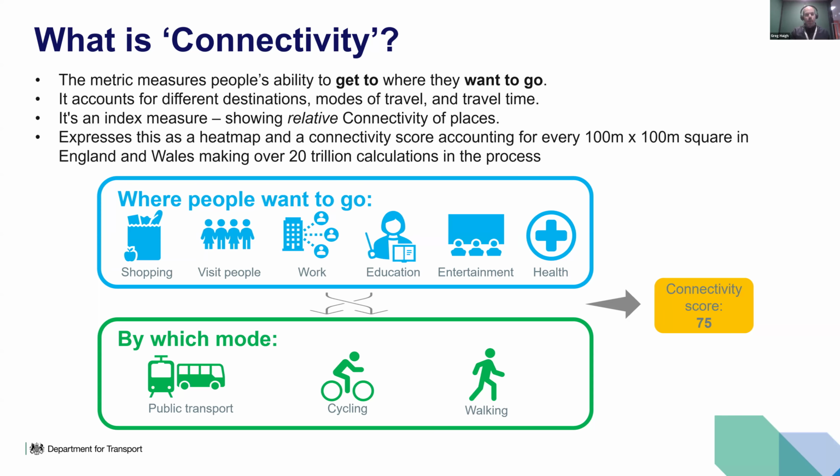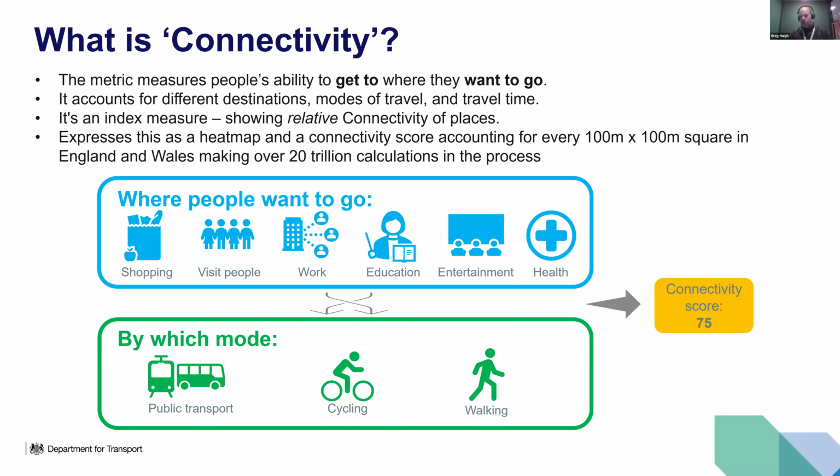Okay, so first of all, what is connectivity? It's a metric that's intended to show people's ability to get to where they want to go. So we account for lots of different things that are dependent on that. We look at different destinations, modes of travel, and travel time. It's an index measure showing relative connectivity.